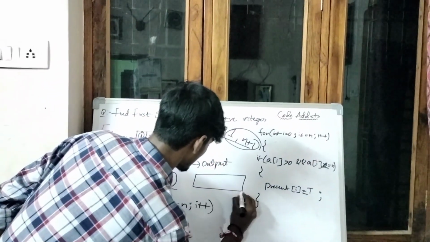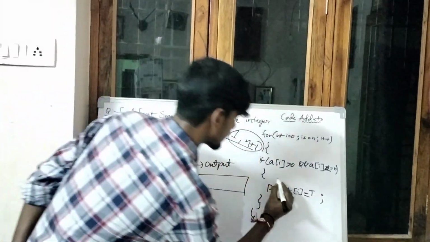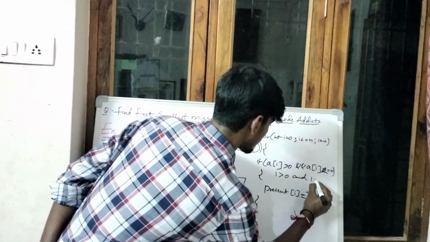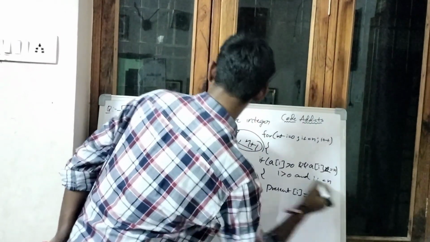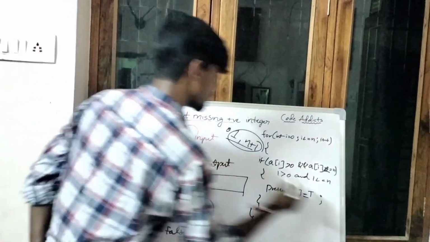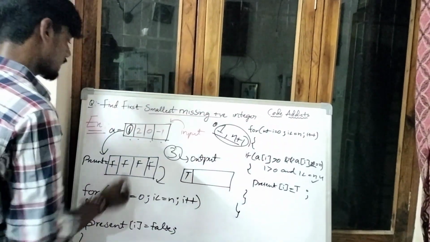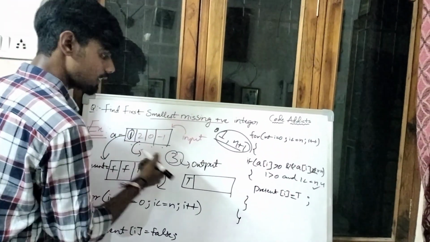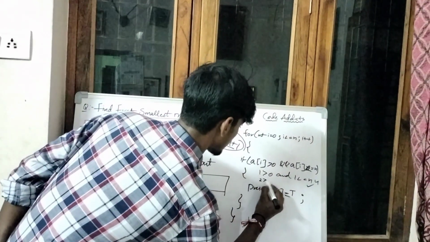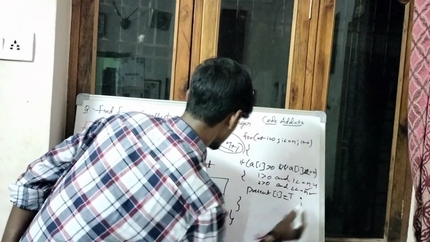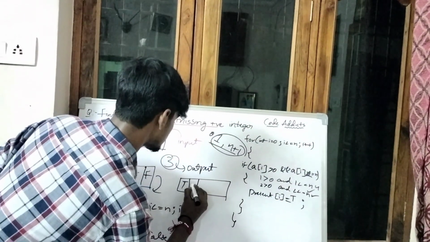So first of all 1 will be checked in this condition: 1 greater than 0 and 1 less than or equal to n, where n is 4. Yes, the answer is true, so the value is stored as true. Next 2 will be checked. 2 is greater than 0 and 2 is less than or equal to n, the answer is true, so again the value will be changed to true.